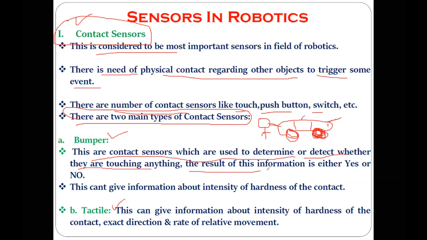The result is yes or no. It just detects whether they are touching some object or not. Only that kind of idea, in the form of yes or no, is given by the bumper contact sensor. So the bumper contact sensor can't give you information about the intensity or hardness of the contact.